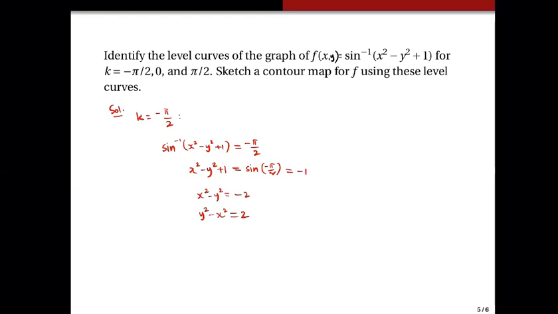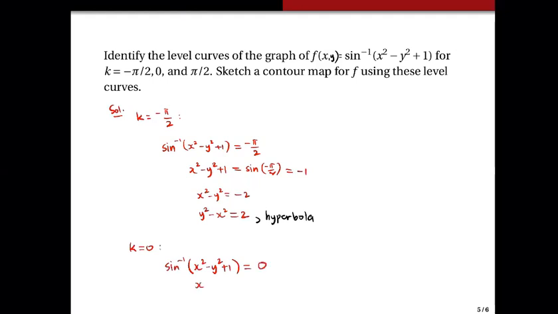And remember, this is what? Hyperbola. For k equals 0, same, you have sine inverse of x squared minus y squared plus 1 equals 0.